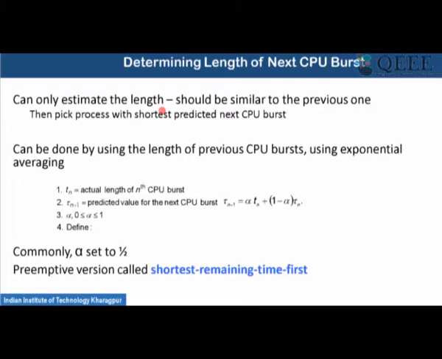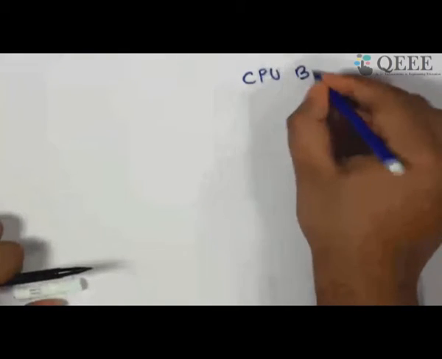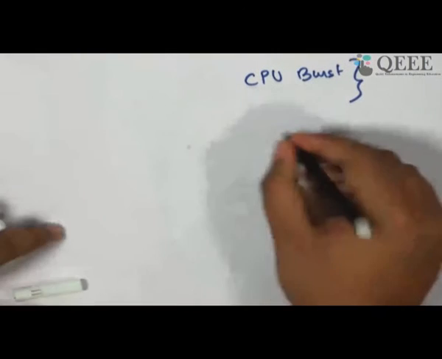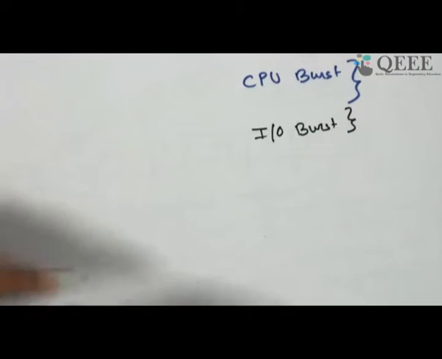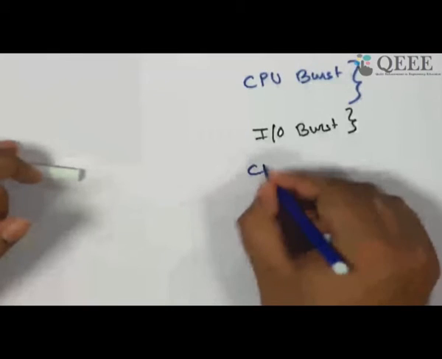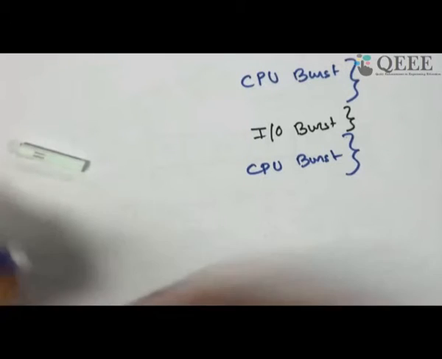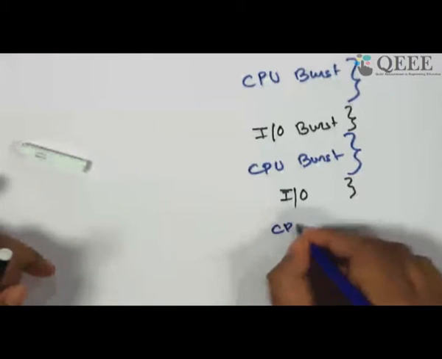If you remember, a process basically has periodic execution of CPU burst and IO burst. So a process has a CPU burst for some duration, then an IO burst for some duration, then again the next CPU burst for some duration, then again IO, then CPU.